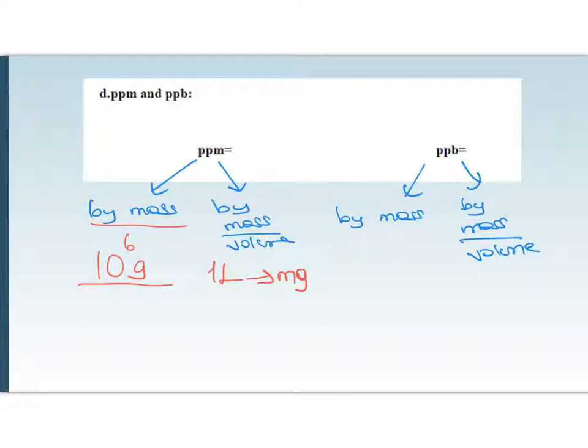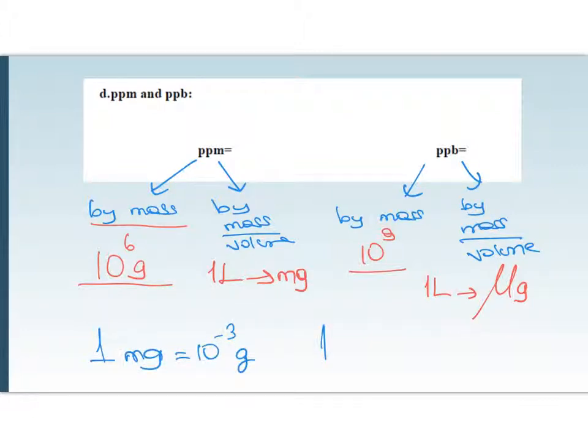If this is ppb, parts per billion, in this case you're going to look at the amount of solute per billion grams of solution, or if mass per volume is asked, you're going to find the amount of solute in 1 liter of solution in terms of milligrams. Now remember, 1 milligram is equal to 10 to the power of minus 3 grams, whereas 1 microgram is equal to 10 to the power of minus 6 grams.